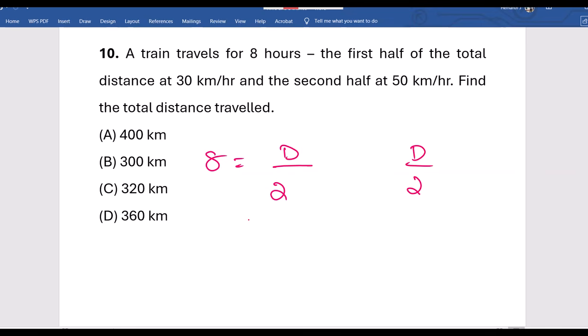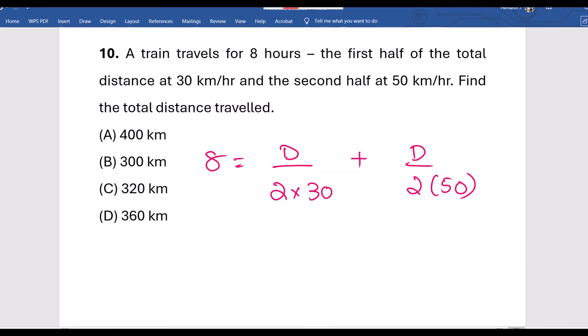Time is distance by speed: first half with what speed? 60. Second half with what speed? 50. Now completed. You got D answer. You can calculate what is D. Or you can do trial and error. That's one of the cases.